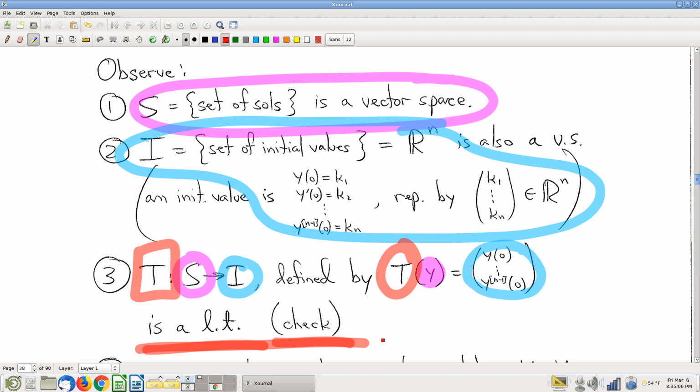Okay, that said, I claim this function T is bijective. I claim that it's a perfect pairing. I claim that for every output, there is exactly one corresponding input. Let's say that a little bit differently. The outputs are initial values.